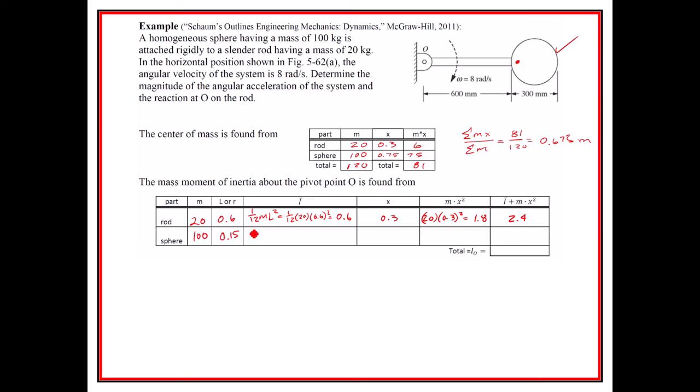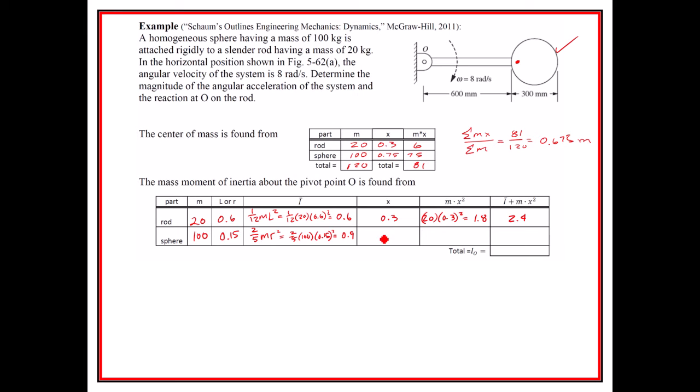We do the same thing for the sphere. Its radius is 0.15. We look up that a sphere's mass moment of inertia about its center is 2/5 mr squared. So 2/5 times 100 times 0.15 squared, and that's going to be 0.9.